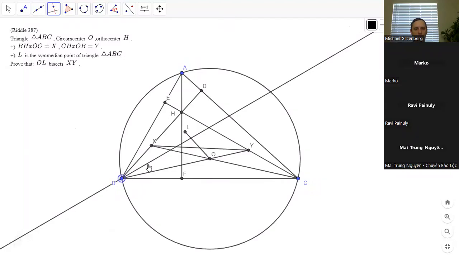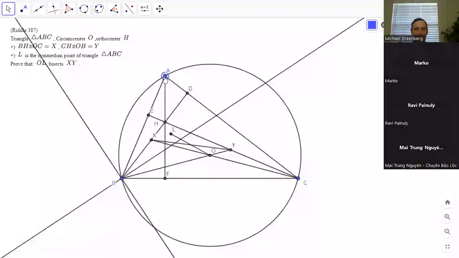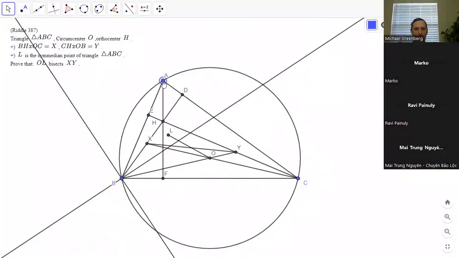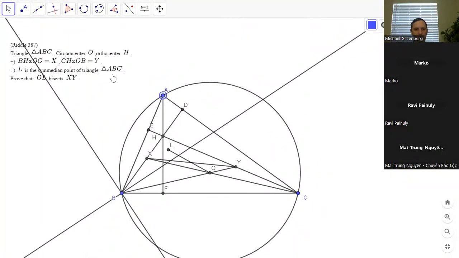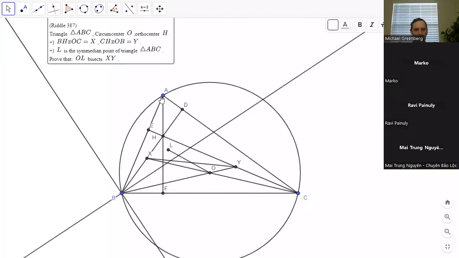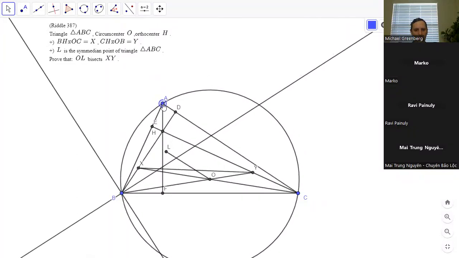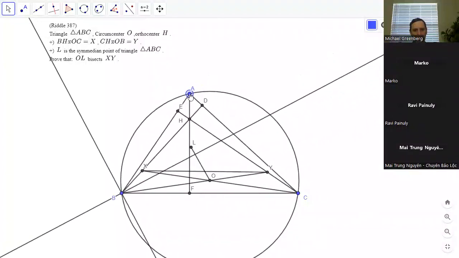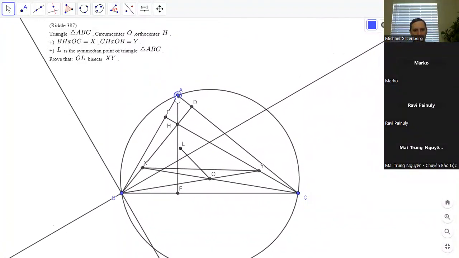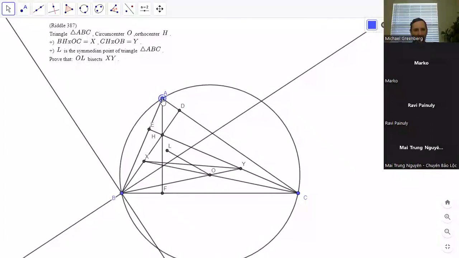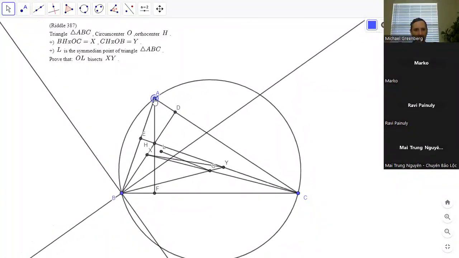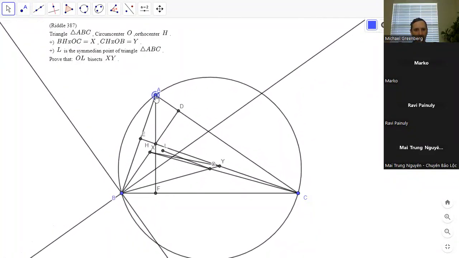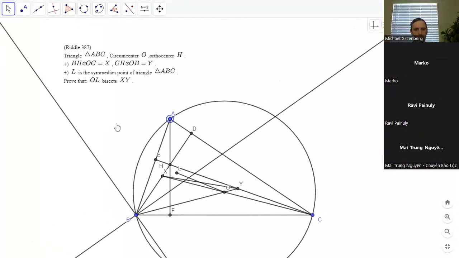Okay, so we want to see where this intersects that. What's the best way to draw this? It's going to be a tricky figure.